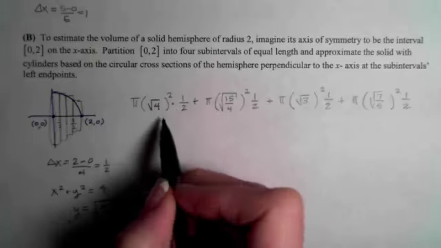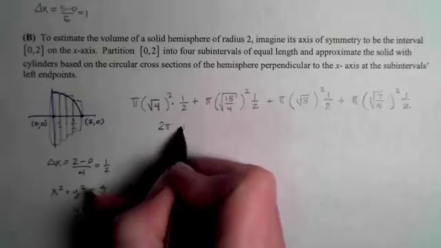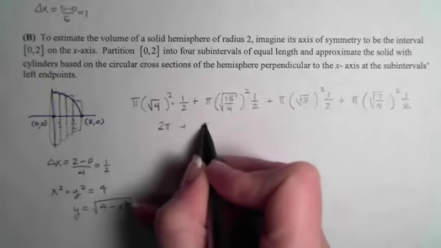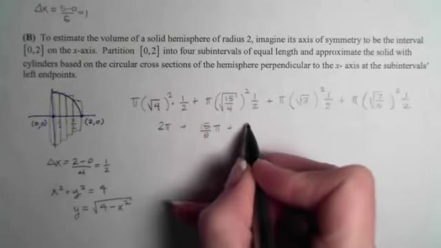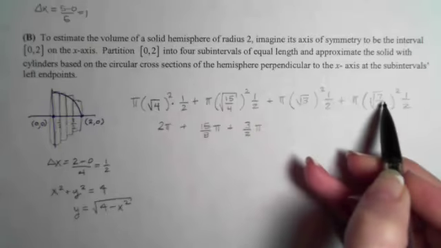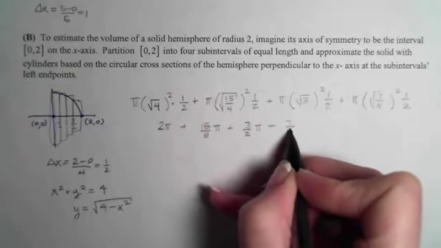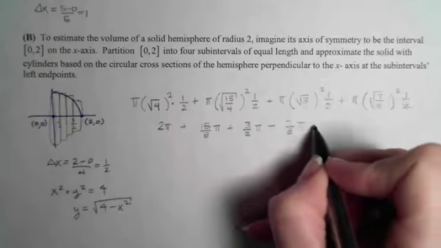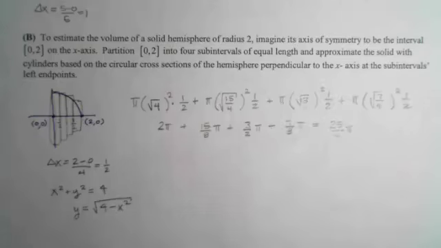If I square then, I get 4 pi times 1/2, that's 2 pi. I get 15/4 times 1/2, that's 15/8 pi. I get 3/2 pi, and 7/4 times 1/2, that's 7/8 pi. Put that all together, and I end up with 25/4 pi. And I'm done.